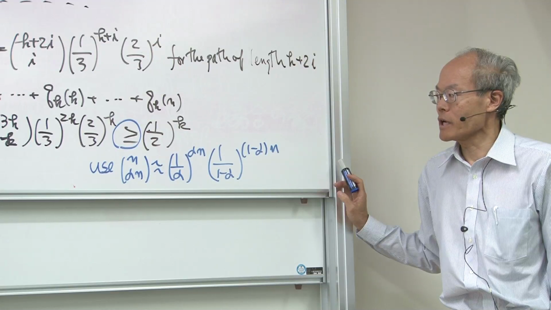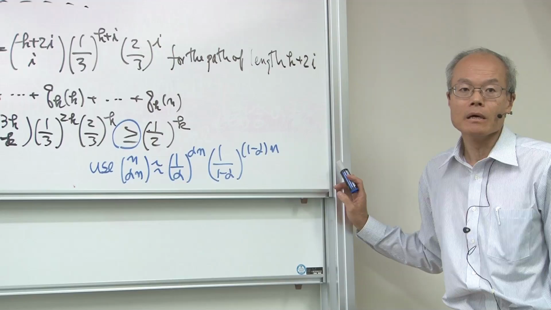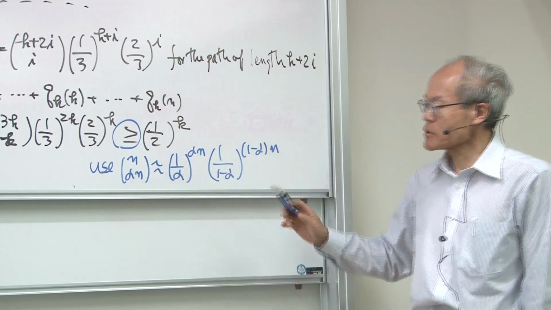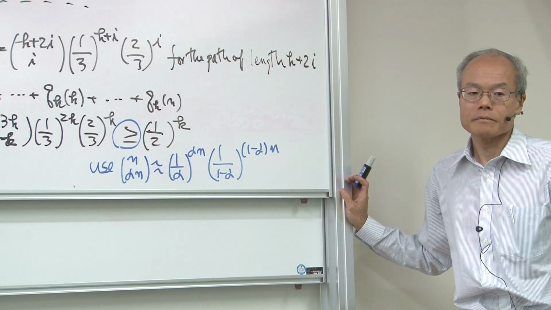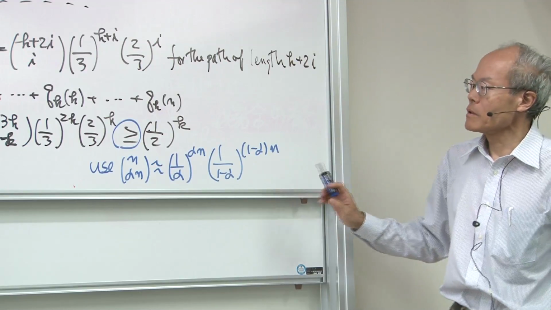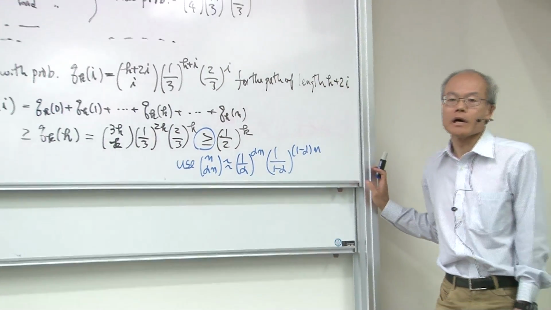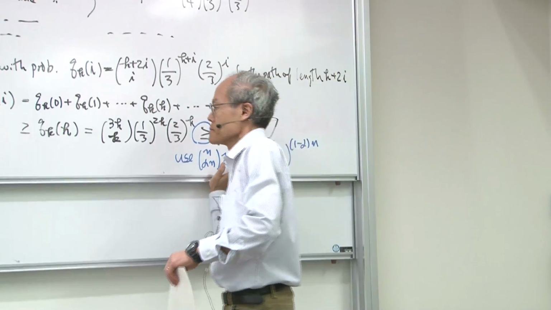N choose alpha n, where alpha is of course some constant less than 1, can be approximated by this equation. If you use this one for this part, then it's pretty easy to obtain this final value. We are done.